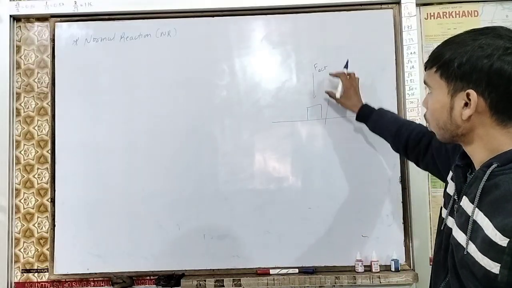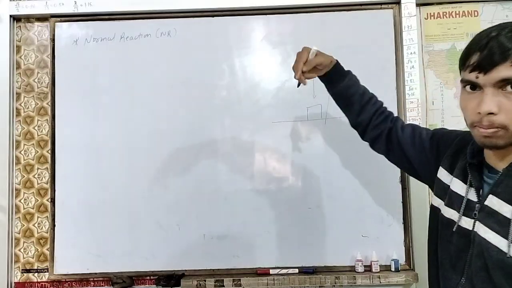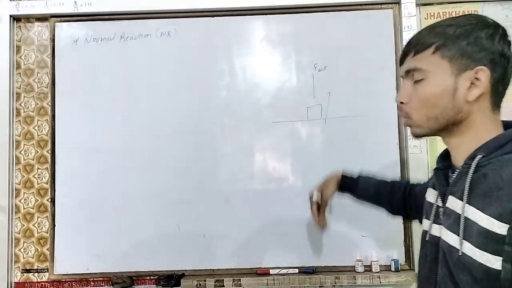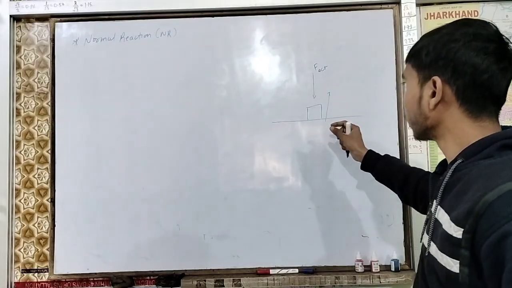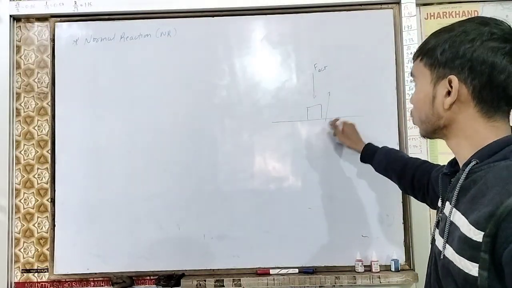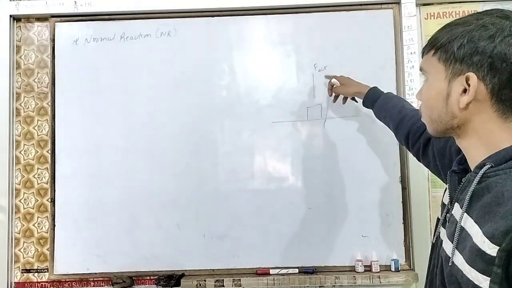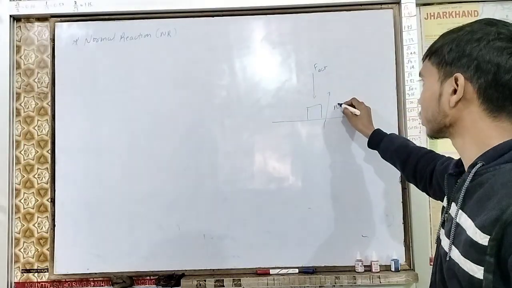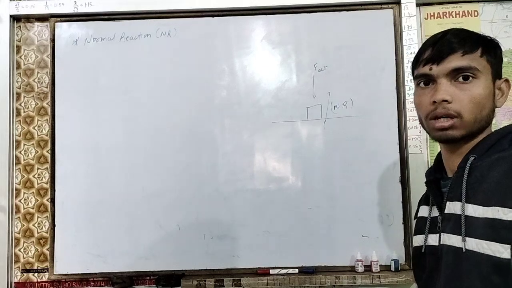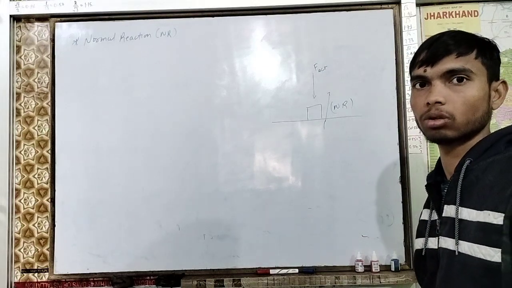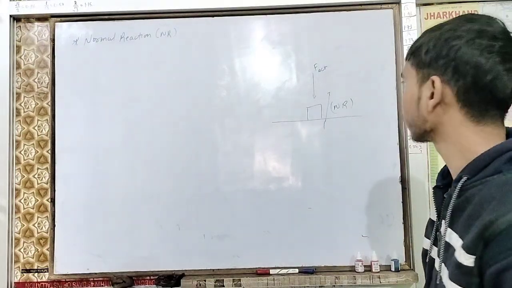So the reaction of this force, if it is acting perpendicular to the contact surface of the body, will be the normal reaction. Action and reaction are on different objects.